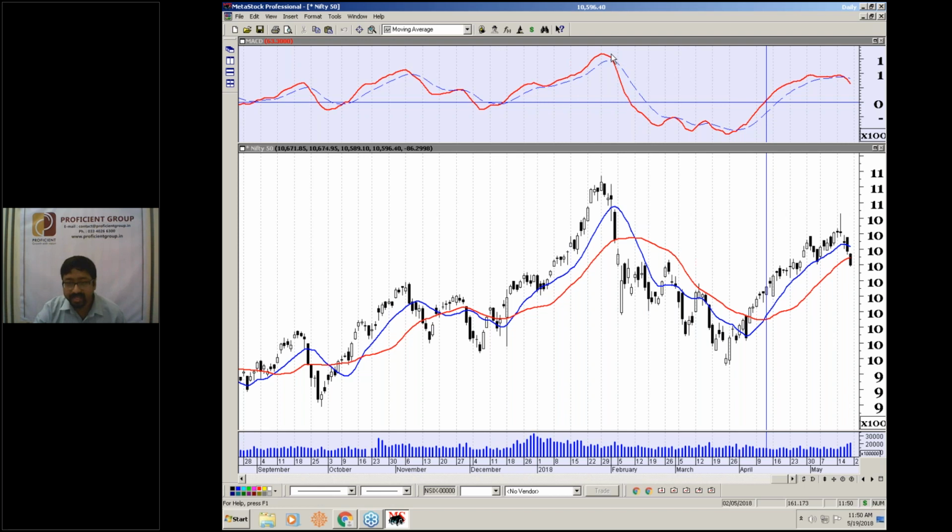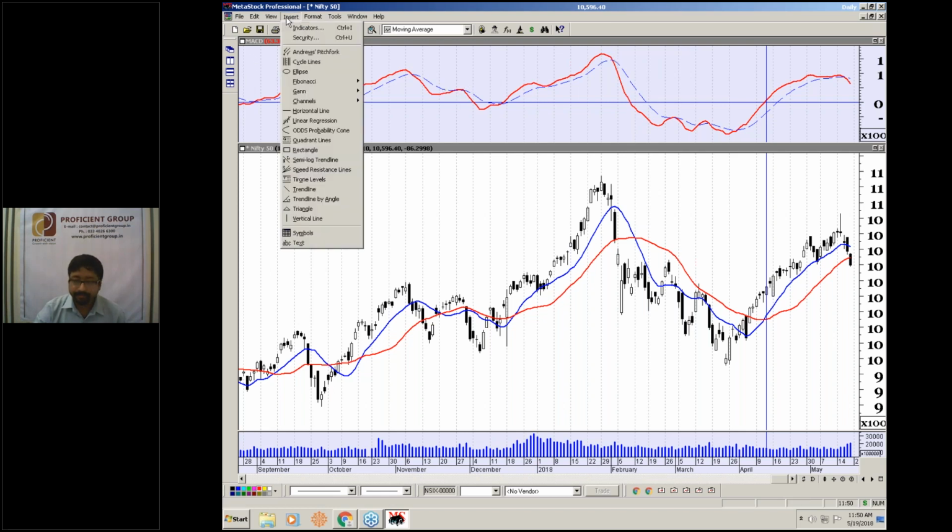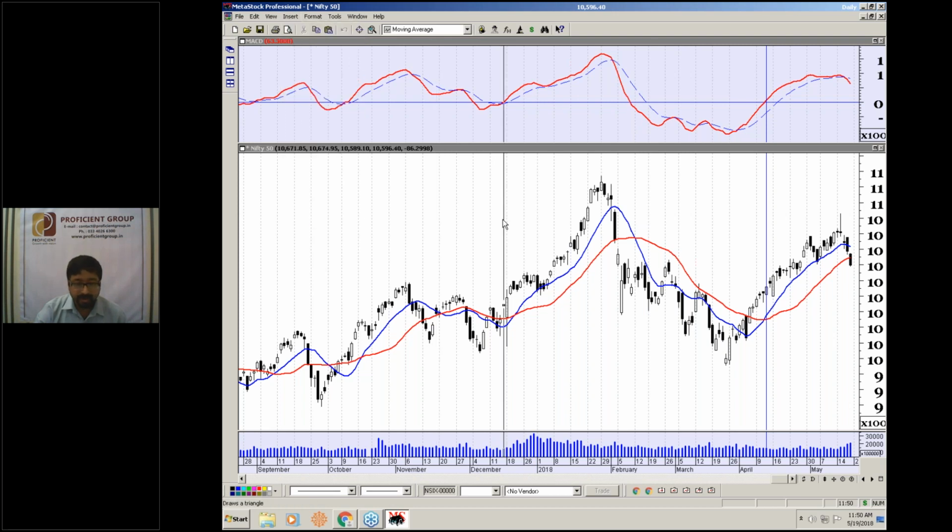Say, for example, this sell signal that occurred here is stronger than a sell signal here, right? I'm trying to show you this with two vertical lines.